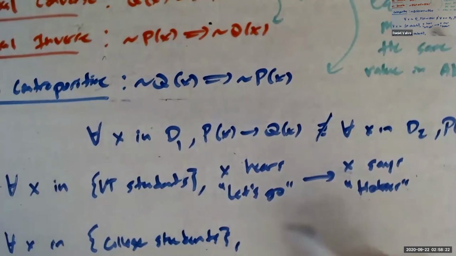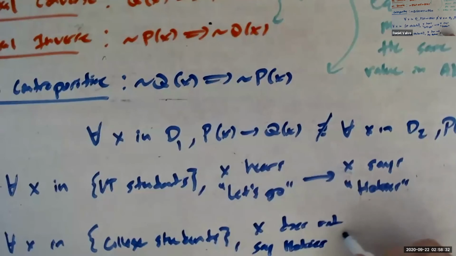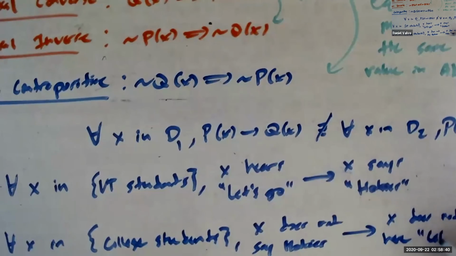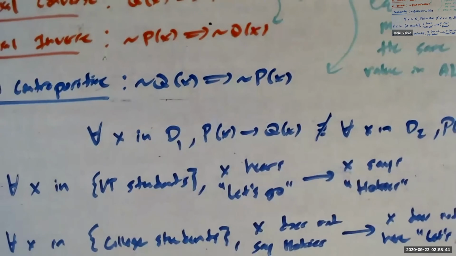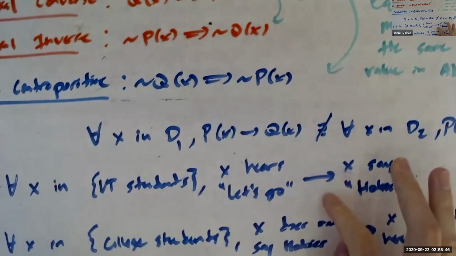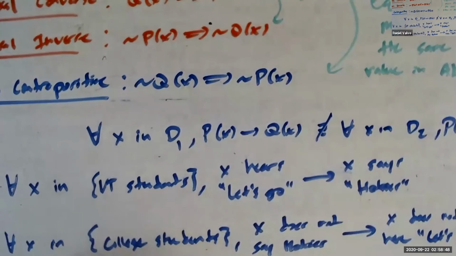But the point is, the contrapositive, which would be X does not say Hokies, does not necessarily mean X does not hear let's go. This is the contrapositive of this, but you're on a different domain, so you can't say they're equivalent because you're just talking about different things.